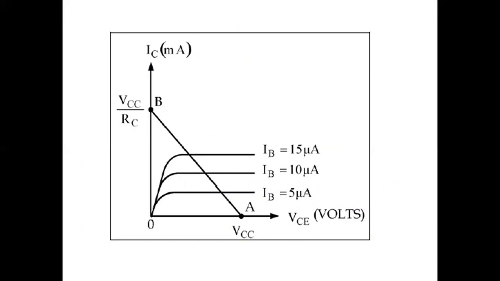This is known as the DC load line. It determines the curve between the VCE and the IC points for any given value of RC, that is the collector resistance. The two endpoints of the DC load line are located as below. I will show how we can calculate the values of these two endpoints of this load line.